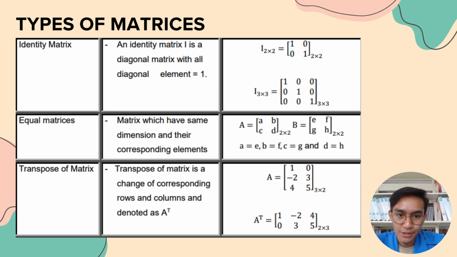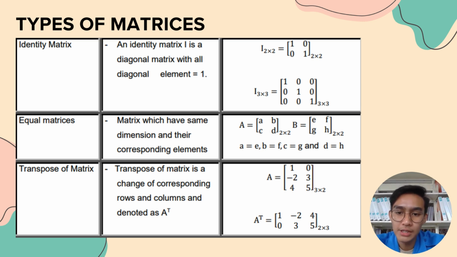Matrix I equals 1, 0, 0, 1. So the order is 2 by 2. And the 3 by 3 identity matrix is 1, 0, 0, 0, 1, 0, and 0, 0, 1. That's for 3 by 3 order.